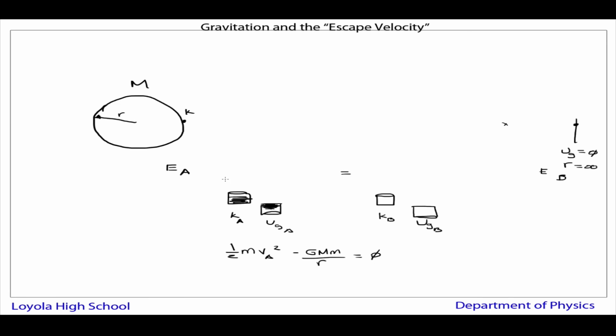From a numerical point of view, this might be, let's say, 5 joules minus 5 joules equals 0. And the larger the mass of the planet, for instance Jupiter or Saturn, the more potential you're going to have. This might be minus 15, which would require me to have 15 joules of kinetic energy, so a higher velocity.